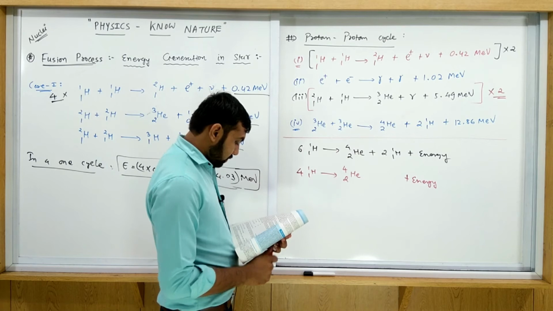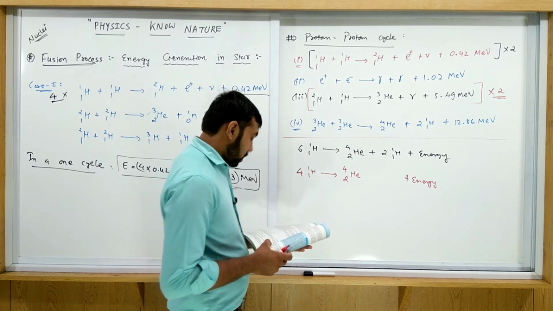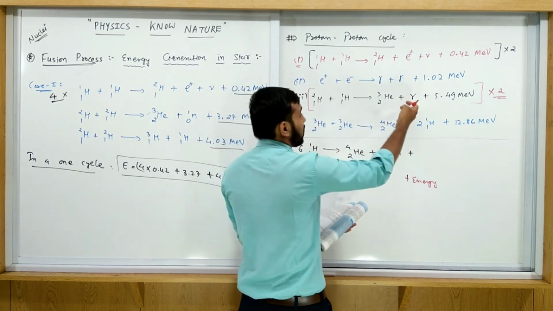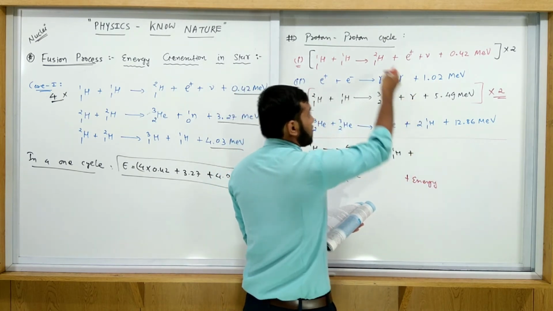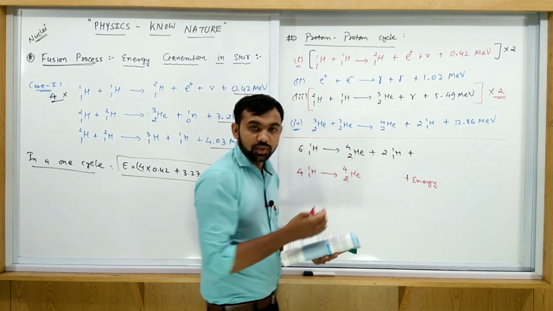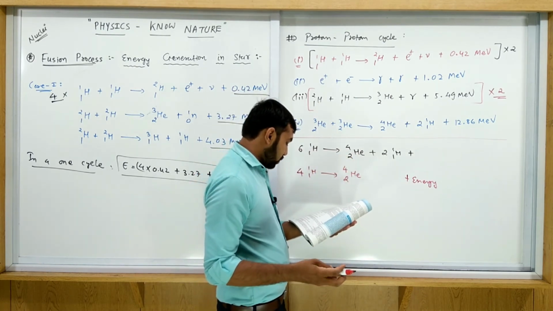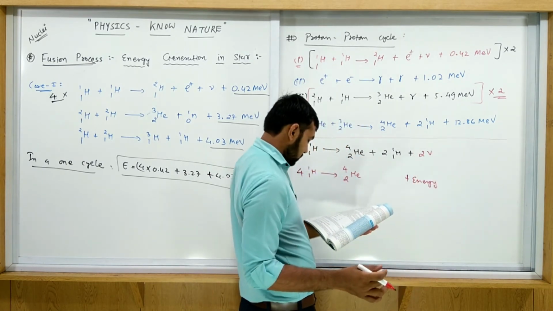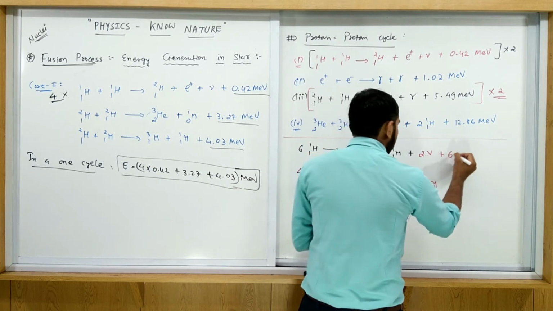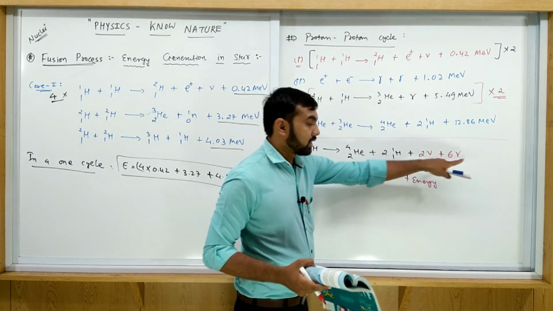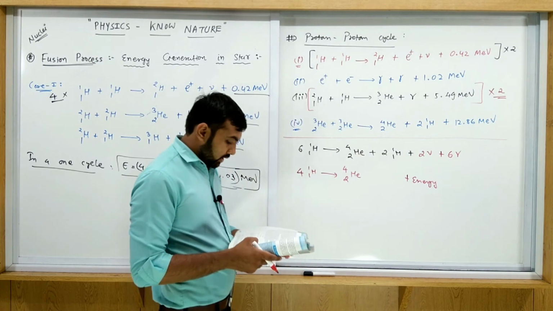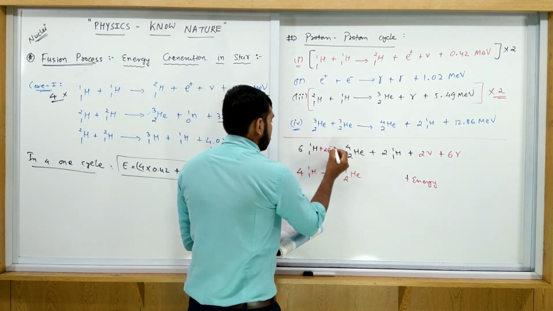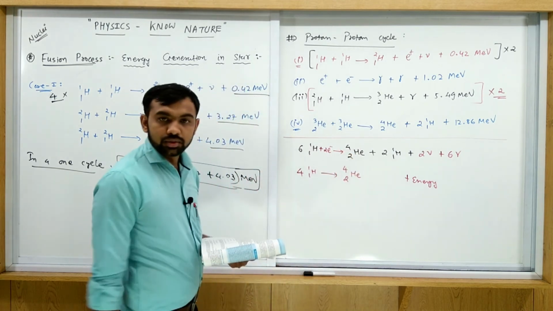Okay, so let's balance it by some process. 2 neutrino in this process, and with this, neutrino and gamma and everything is produced. This is just a balancing of the reaction, plus here 2 neutrino is formed and 6 gamma is produced, and with this 2 electrons are also required. So plus 2 beta minus.